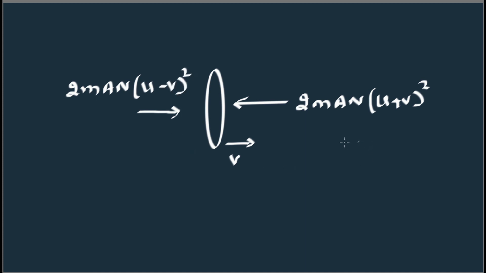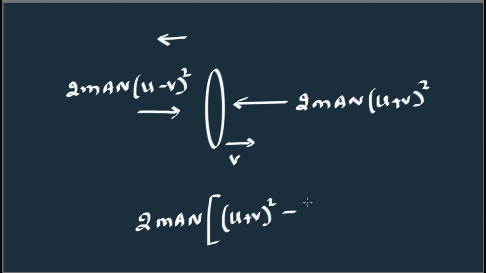You can see that the resistive force is greater than the assisting force, so the net force is going to be resisting, and the net resulting resistive force to the left is going to be 2m a n times (u plus v) the whole squared minus (u minus v) the whole squared.